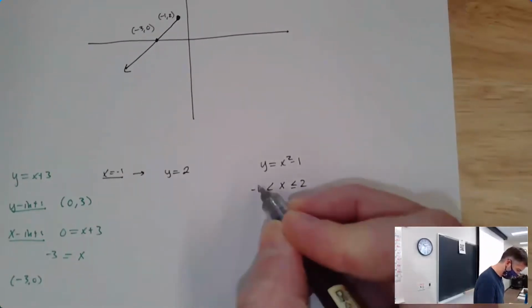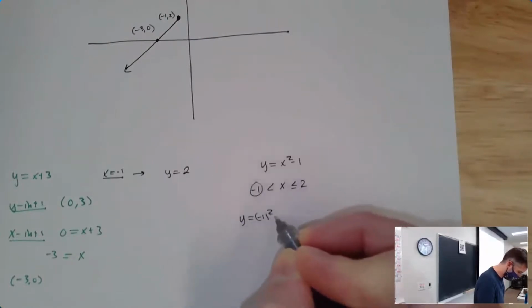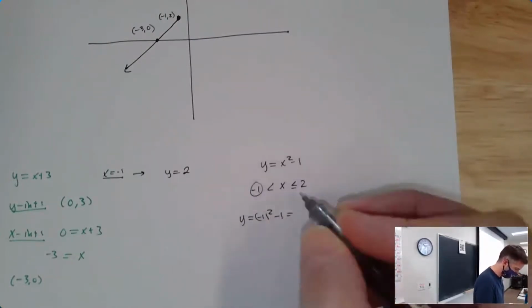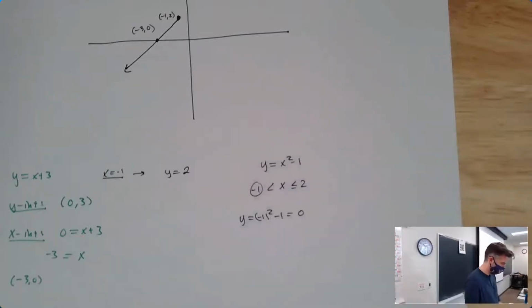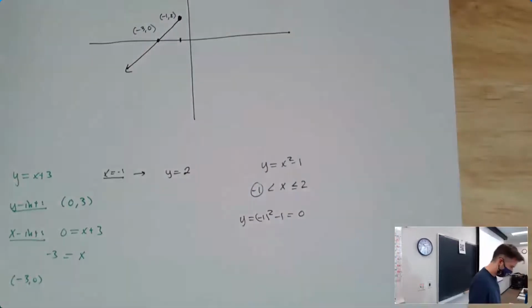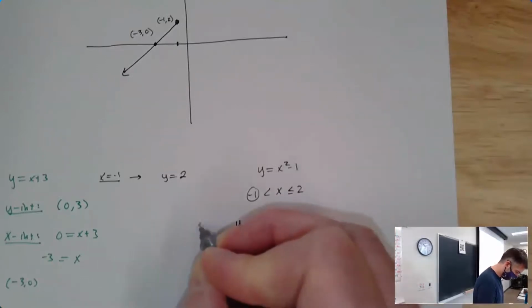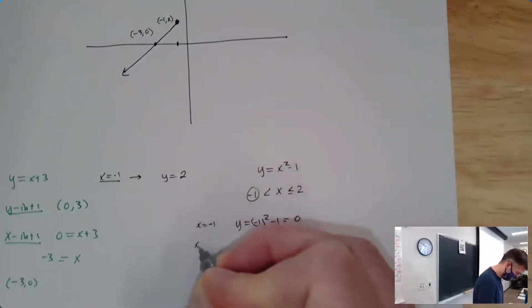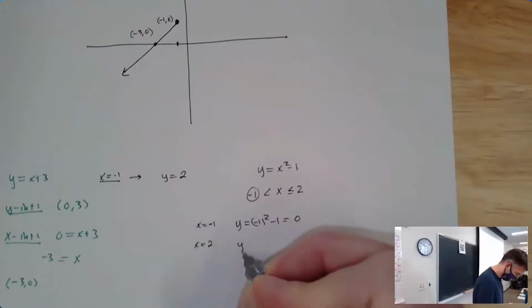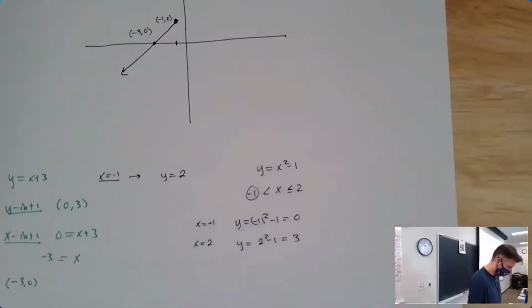If I plugged in -1, I would get y equal to (-1) squared minus 1, which is 1 minus 1, which is 0. And then if I plugged in x equal to 2, I would get y equal to 2 squared minus 1, which is 3.